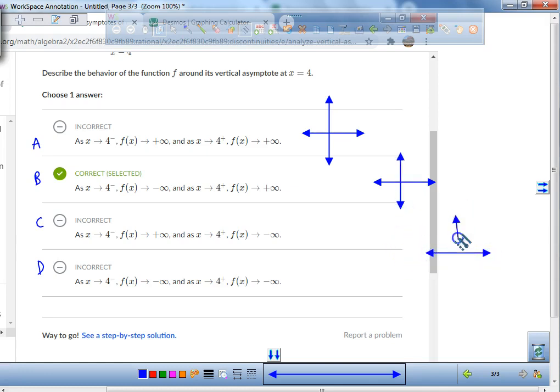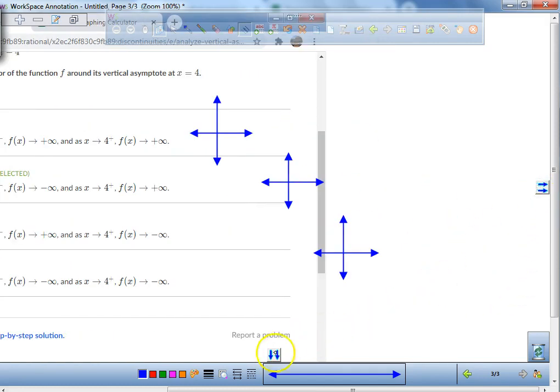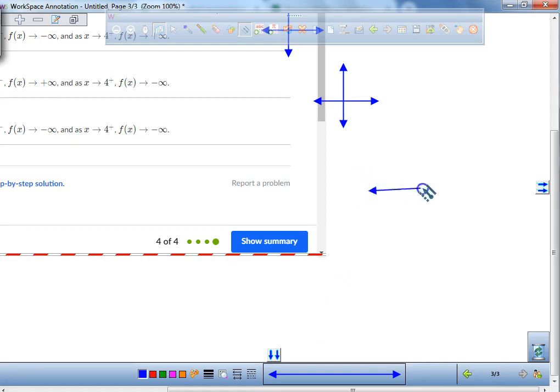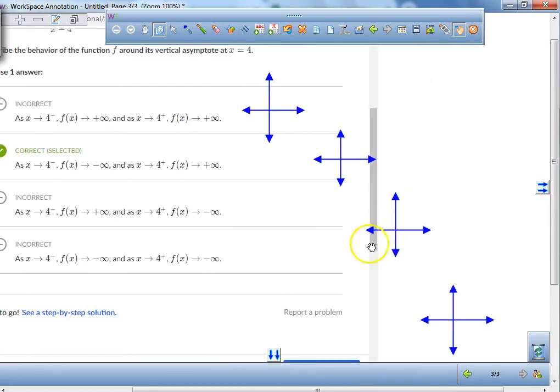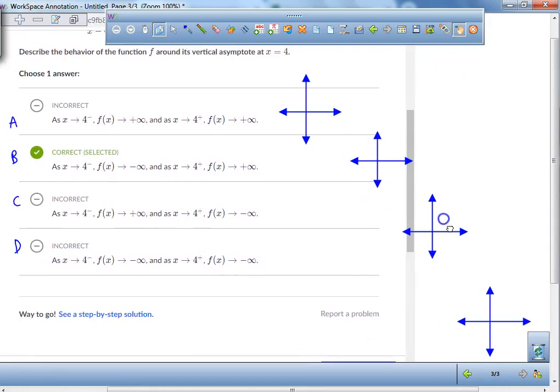There's A, B, C, and then I'll go down and do the last one, which is D. You don't have to do this. You can put your graphs right next to each other if you want. I'm just doing it for this purpose.